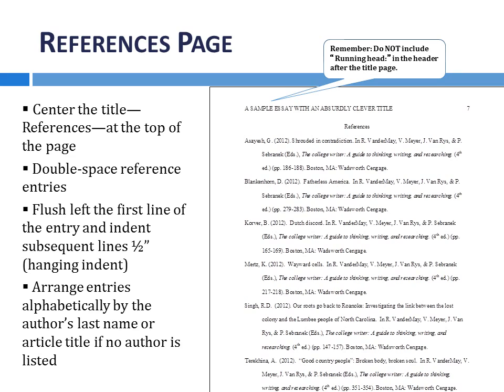For reference entries, the first line of each reference is flush left on that left-hand margin, and each line after the first line is indented 1/2 inch. This is called a hanging indent. You're going to arrange your entries alphabetically by author's last name, or if you have an article and there's no author listed, you're going to use the article title in your alphabetical order.